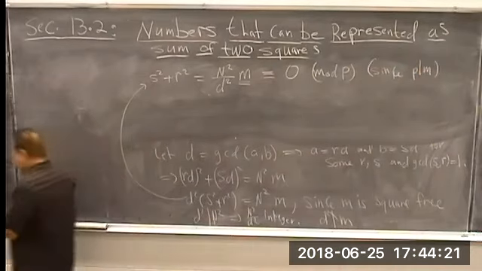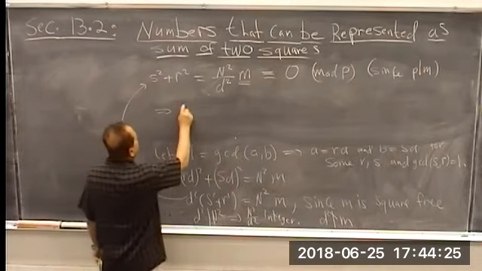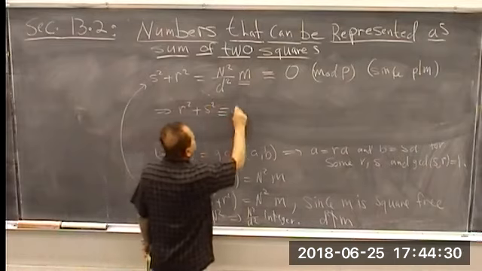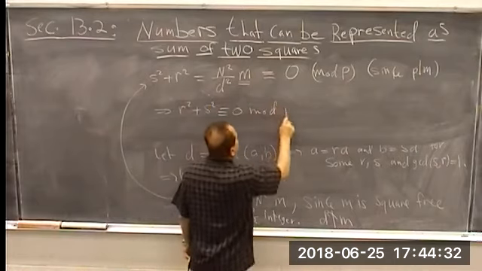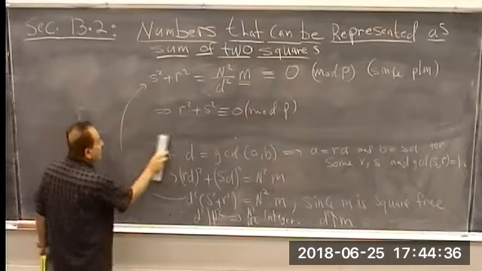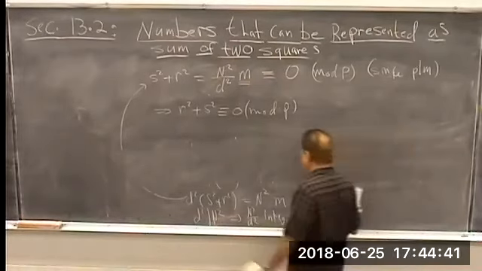All right, so this implies we have r squared plus s squared congruent to 0 mod p. We also have the greatest common divisor of r and s is 1.